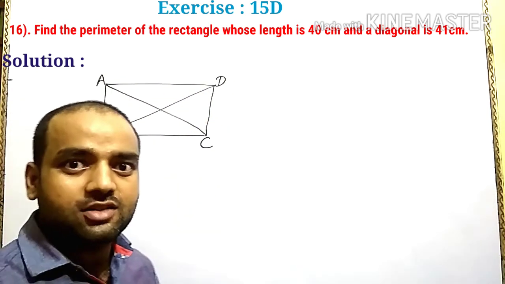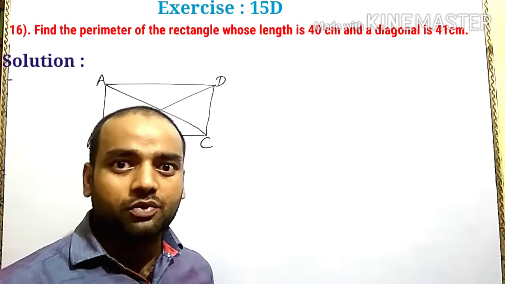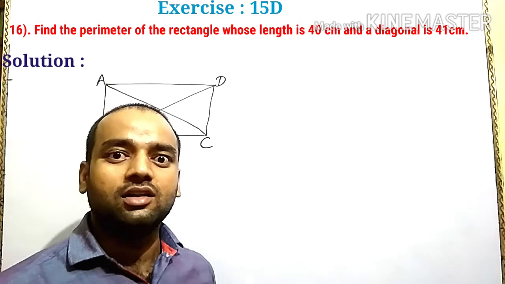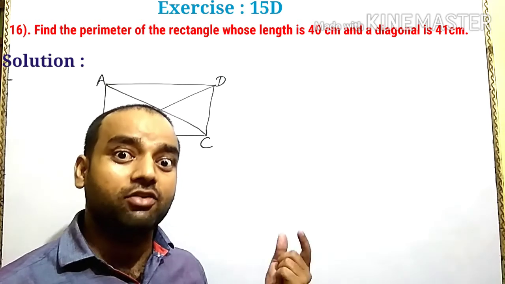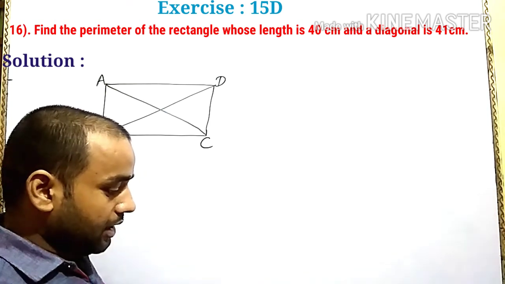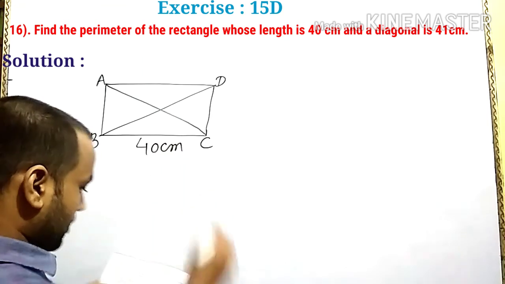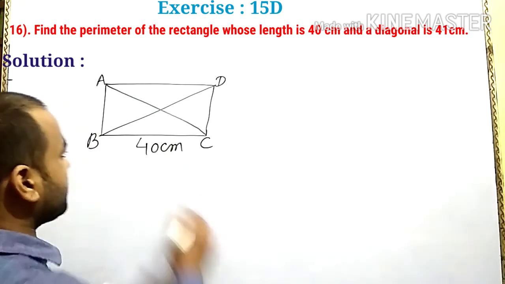Properties of rectangles, you remember: opposite sides are equal, each angle of a rectangle is 90 degree, and also you remember diagonals are equal. In this question given length is 40 centimeter and diagonal is 41 centimeter.